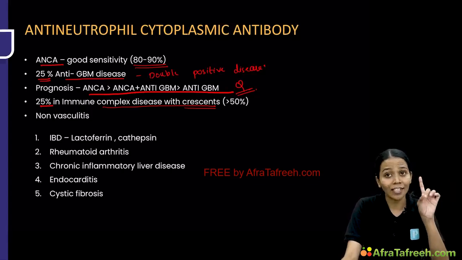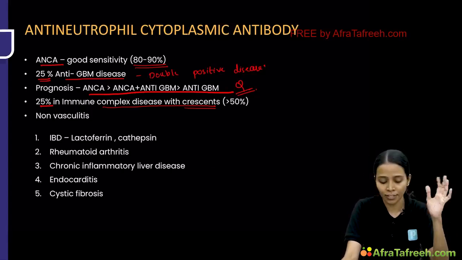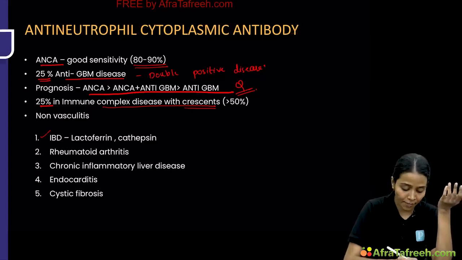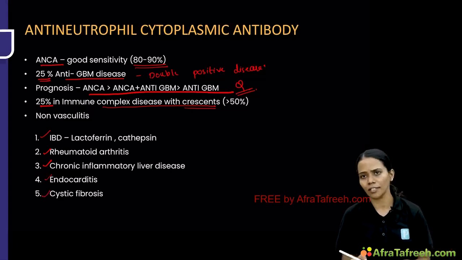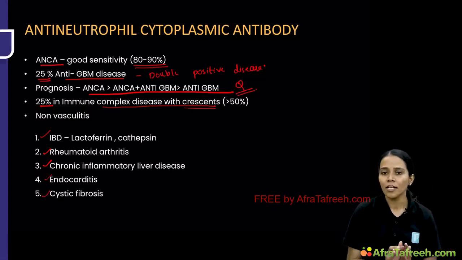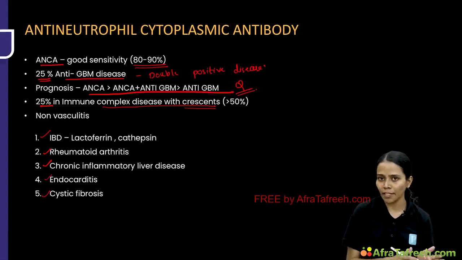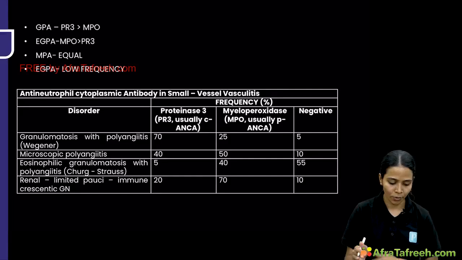You can see ANCA not just in immune complex associated conditions, but in non-vasculitis conditions also: inflammatory bowel disease, rheumatoid arthritis, chronic inflammatory liver disease, endocarditis, cystic fibrosis. It's not necessary to remember this, it has never been asked, but it's always good to go through, at least you'll have an idea.